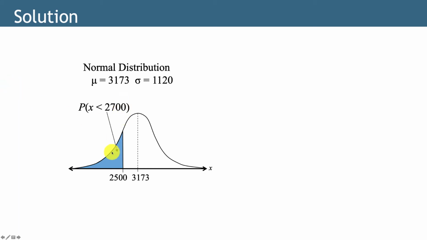So here's that distribution. 3173, and it's spread out with this spread of 1120, right? And so here's roughly 2700, that should be a 2700 there, not 25. That's a mistype, but anyhow.